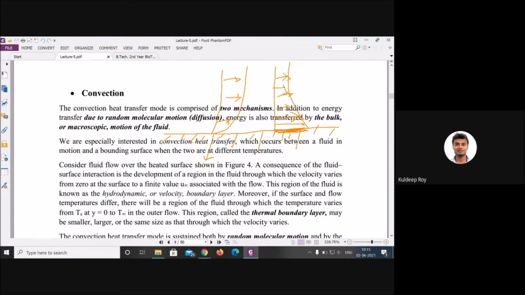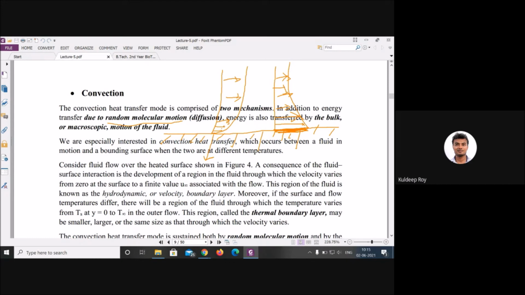Because this region is completely compact, and one layer and the adjacent layer coincide with each other, so they act as conduction at the nearby two to three layers at the surface. That's why the term random molecular motion is used: the diffusion occurs due to conduction at this surface, in the first one to three layers. After that, what will happen? Here you can see, the velocity will increase.